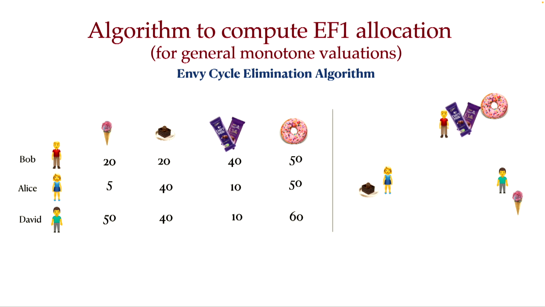But why do I care about that? Do I need to do any allocation? What was the purpose of constructing the graph? If there is a source vertex, I will allocate some item. And if there is no source vertex, I wanted to eliminate envy cycles so that eventually I get a source vertex.